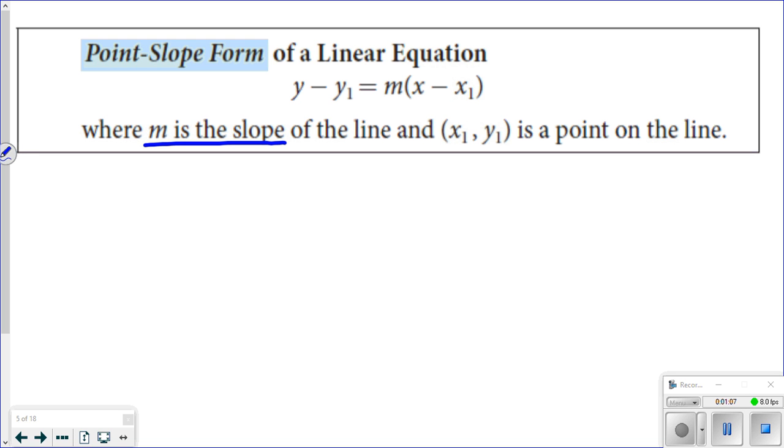It's our rise over run, it's our rate of change. And then x sub 1, y sub 1 is a point on the line. Notice it is not the y-intercept. Okay, this is a point on the line. So x sub 1 goes here, and y sub 1 goes there.